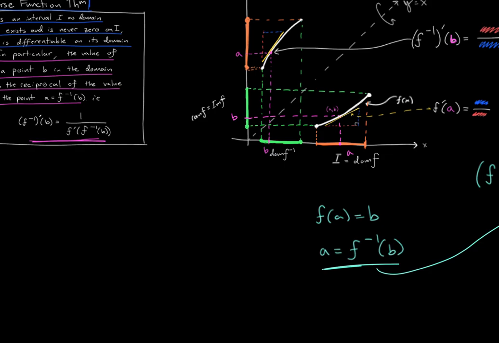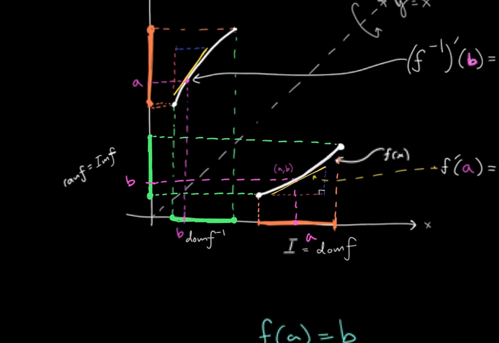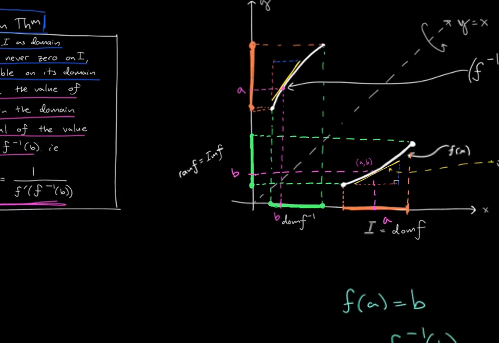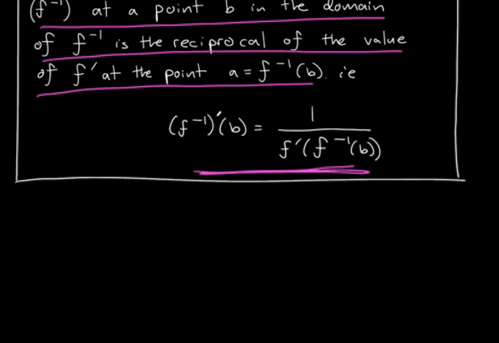Remember, derivative is simply the slope. So if we have the slope of the original function, blue over red, what must be the slope of the inverse function? The process of showing this part is so similar to what we did with the tangent inverse proof. I might leave it to you to actually prove.